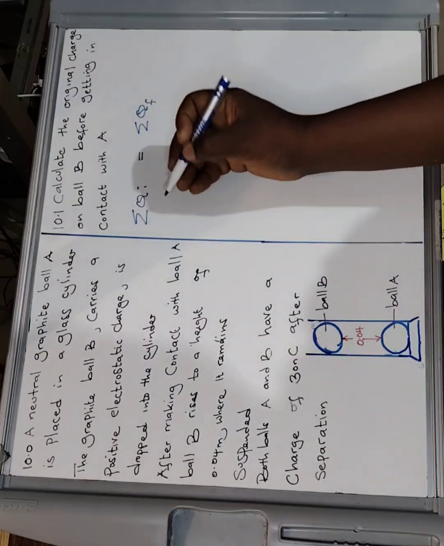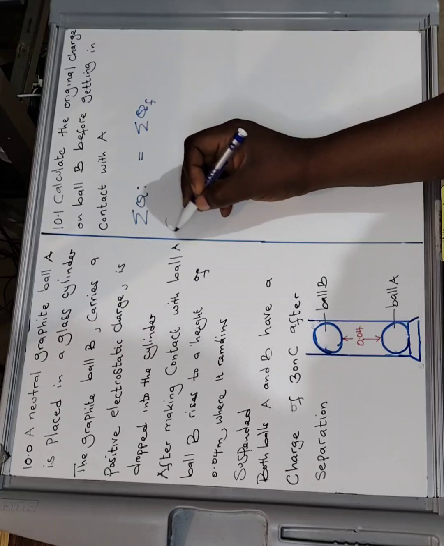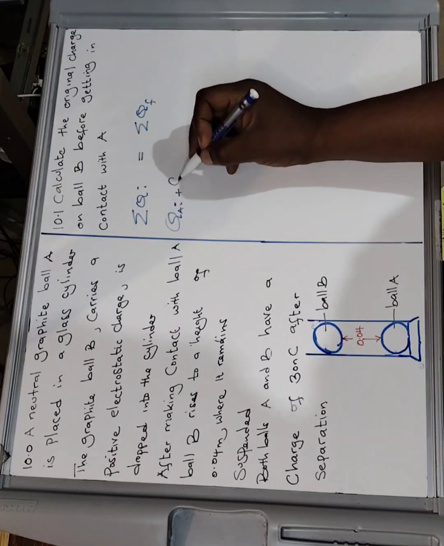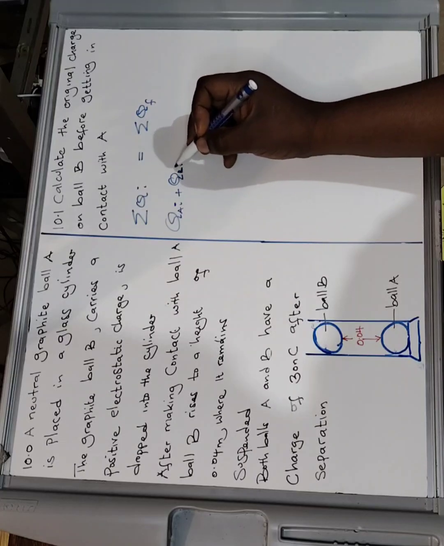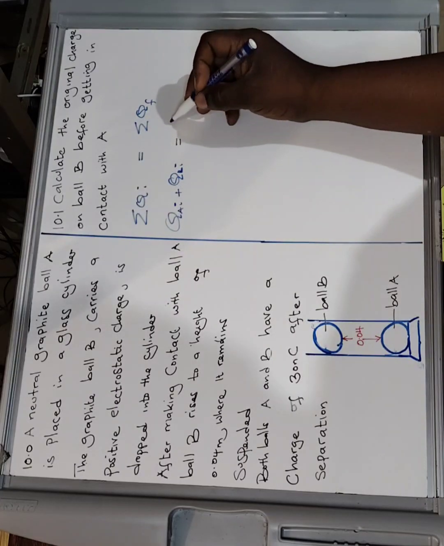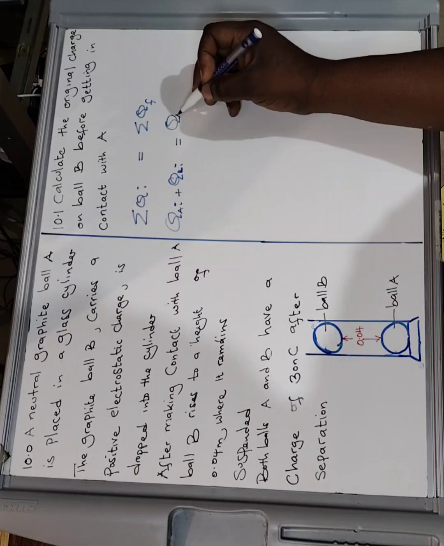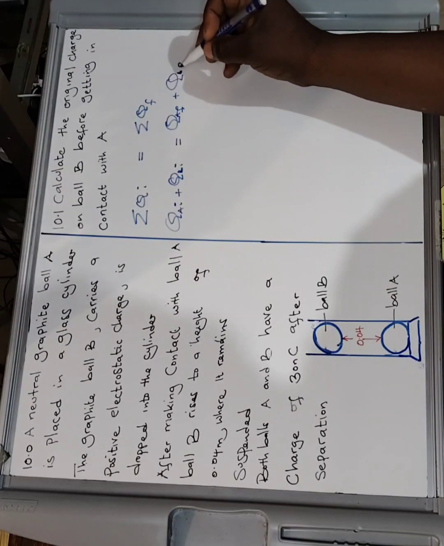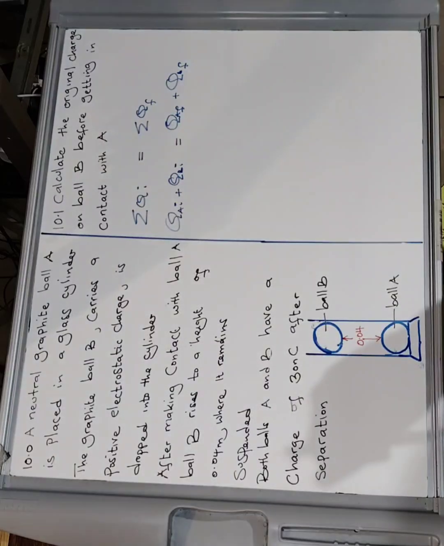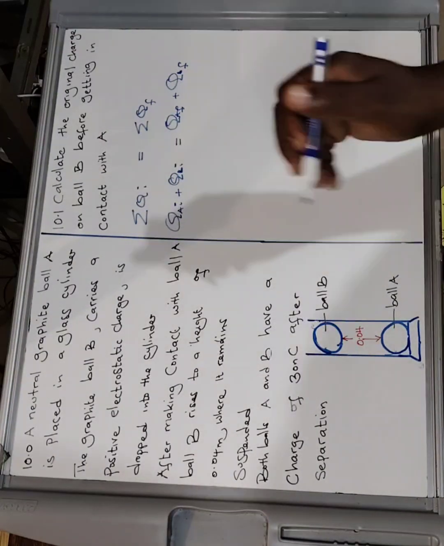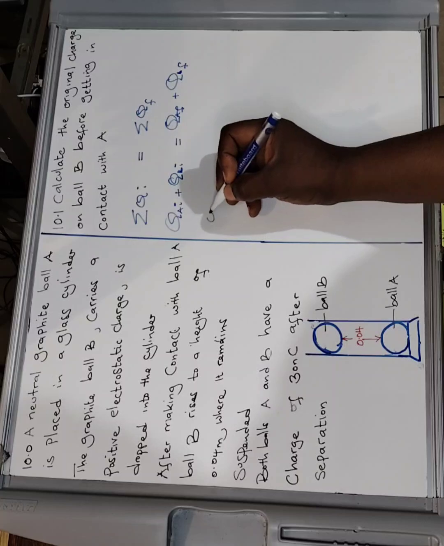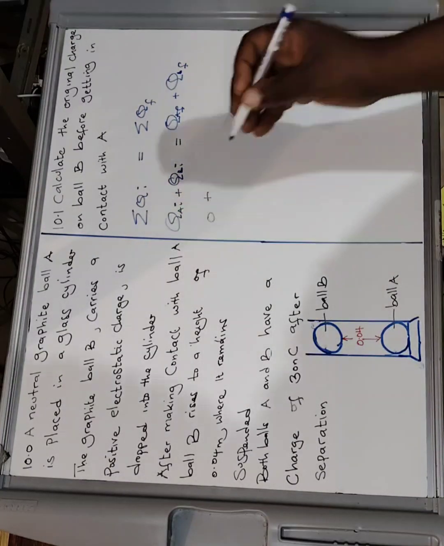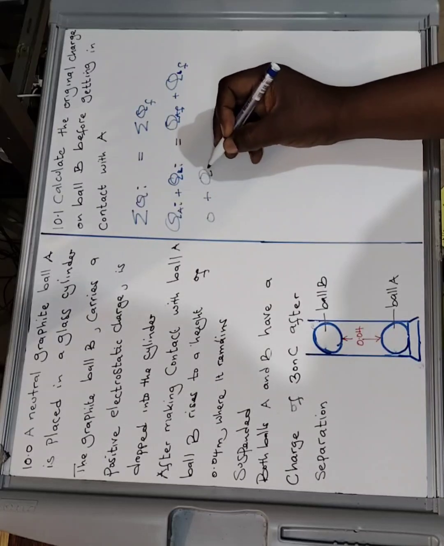So we are going to say, charge of A initially plus charge of B initially is equal to charge of A finally plus charge of B finally. What was the charge of A initially? It was 0. What's the charge of B initially? We don't know. Actually, it's what we are calculating.